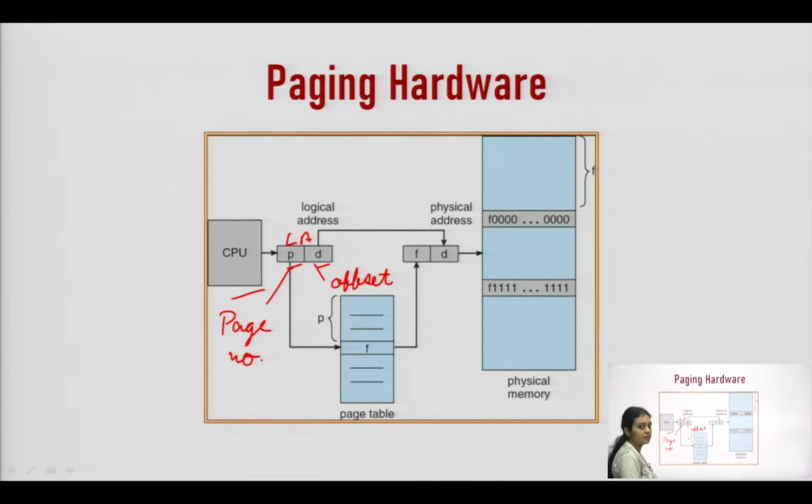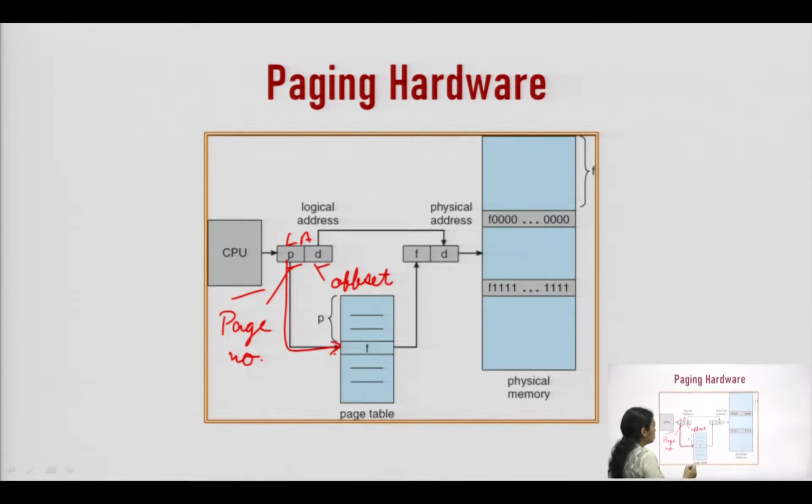Now this P, the page number, goes to the page table. This page table is an index that tells us in which frame of the physical memory a particular page is located, or you can say the starting location of that particular page in the physical memory.